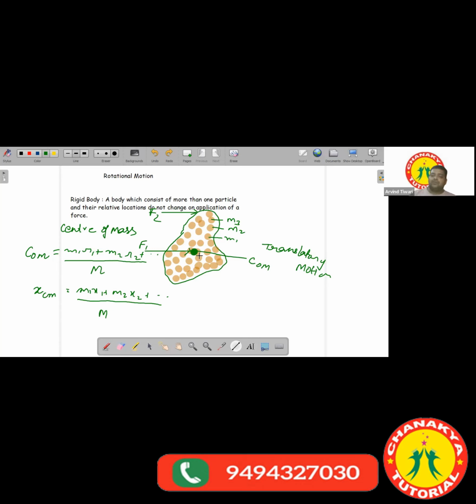Now, suppose I am applying the force F2. This will create a sense of rotation in the clockwise direction. This rigid body will rotate in the clockwise direction. Am I correct? Yes, the rigid body will rotate in the clockwise direction if the force acting is F2.